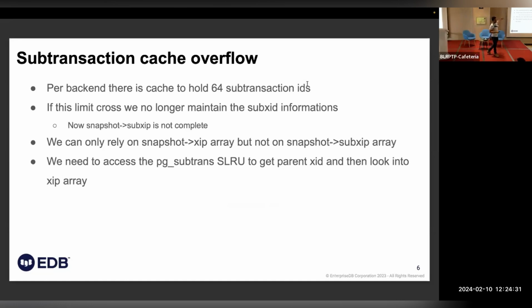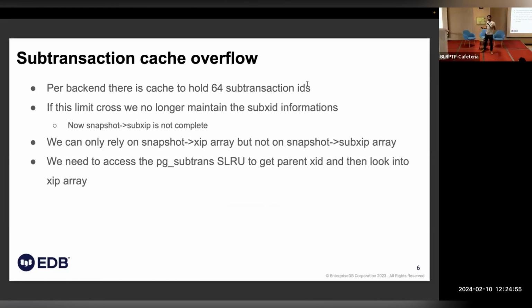You know that your XID array is complete, but your sub XID array is not. If you find from the sub XID the XID it belongs to, then you can do the visibility check in the XID array. We don't have the sub XID array now, we only have the XID array. So if you find the mapping from child to parent and get the XID, you can look up the visibility there, and now you again get the complete view of the snapshot.